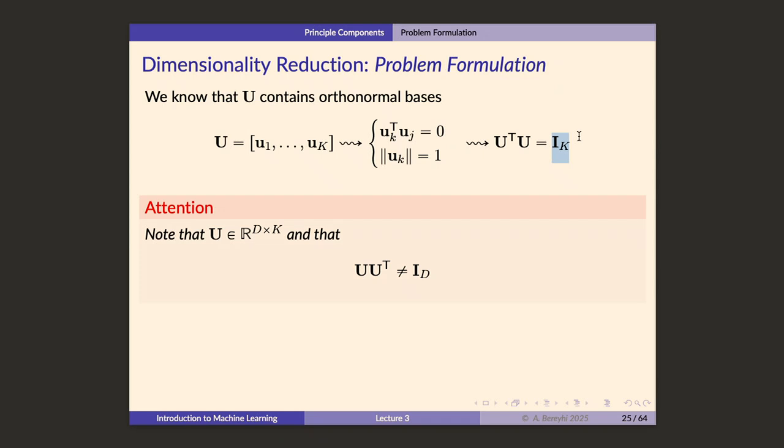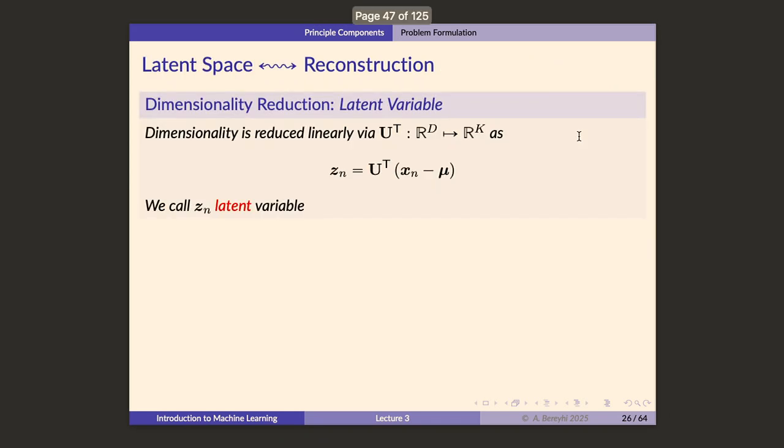So, if this is the case, then the whole problem can be formulated in this form. We want to do dimensionality reduction. We are looking for some U and vector mu such that it does this for us. It gets some X, which is in D-dimensional space, and then computes the low-dimensional, K-dimensional representation Z with this linear transform.